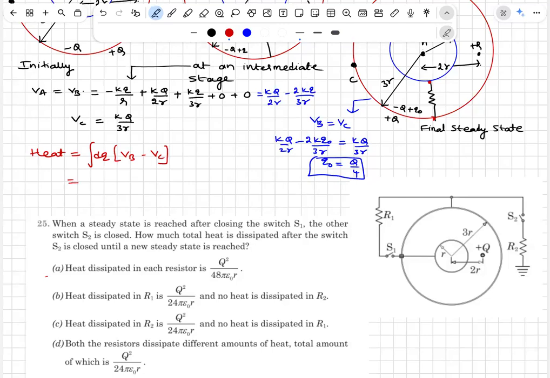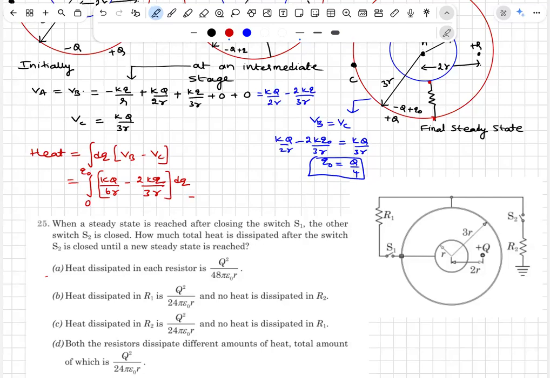We already have a clear-cut idea. VB minus VC is, from the intermediate stage, KQ by 6R minus 2KQ by 3R, times dQ, up to Q naught.